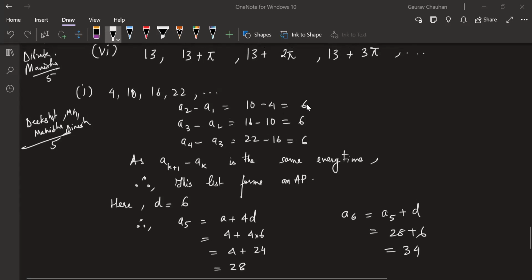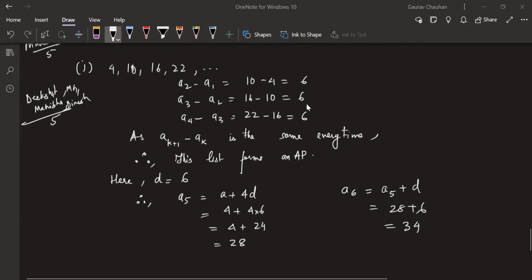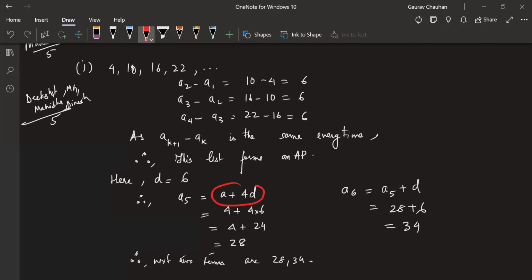Now, once we are done copying this down, this is important, okay? So therefore, you can write: next two terms are 28, 34. But it is important, guys, either you write the formula like this or you write the formula like this.